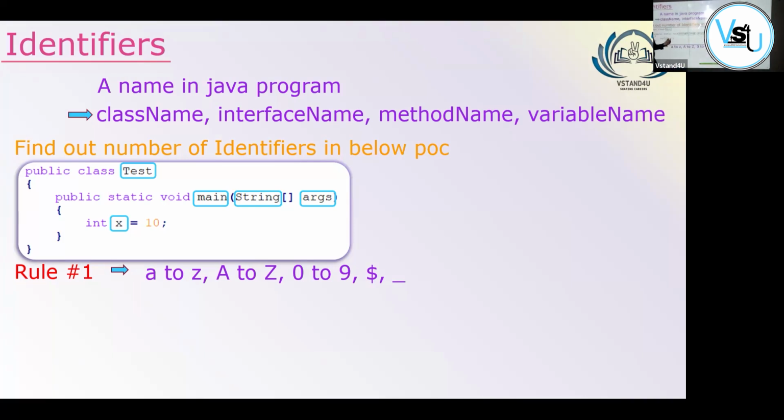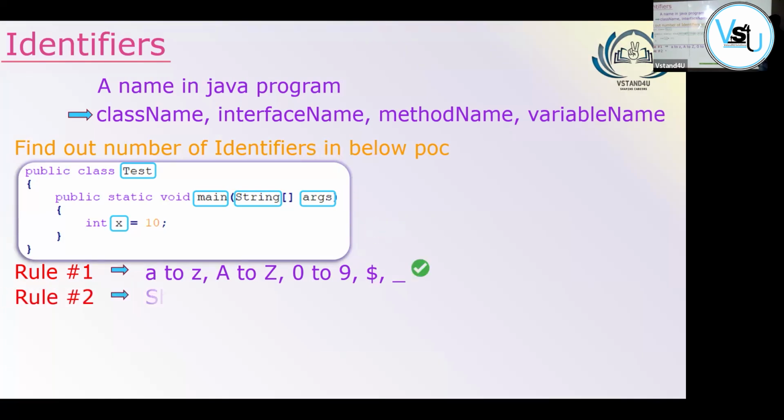When I am giving a name, say this is a variable x, is it one of them? Yes, makes sense. args, is it one of the rule? Makes sense. Simple rule: lowercase a to z, uppercase A to Z, 0 to 9, and two special characters, dollar and underscore, are allowed as part of the identifier. Am I clear?